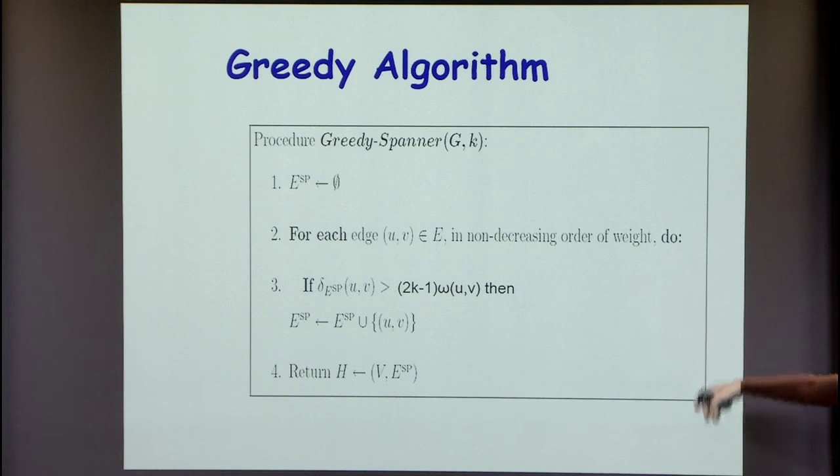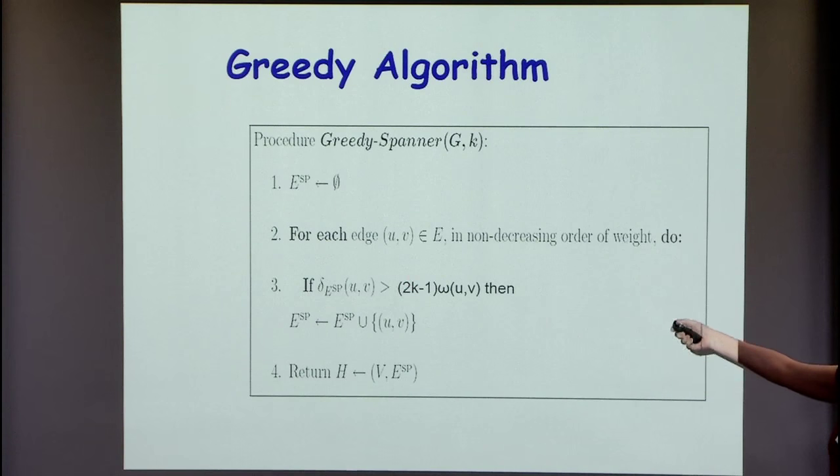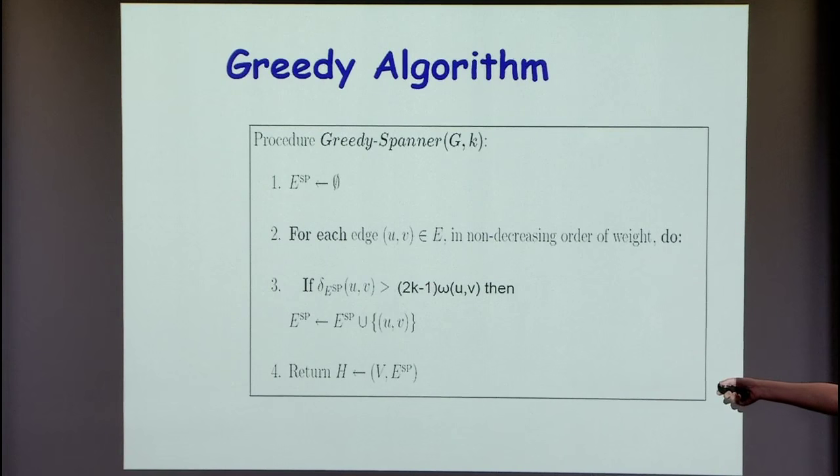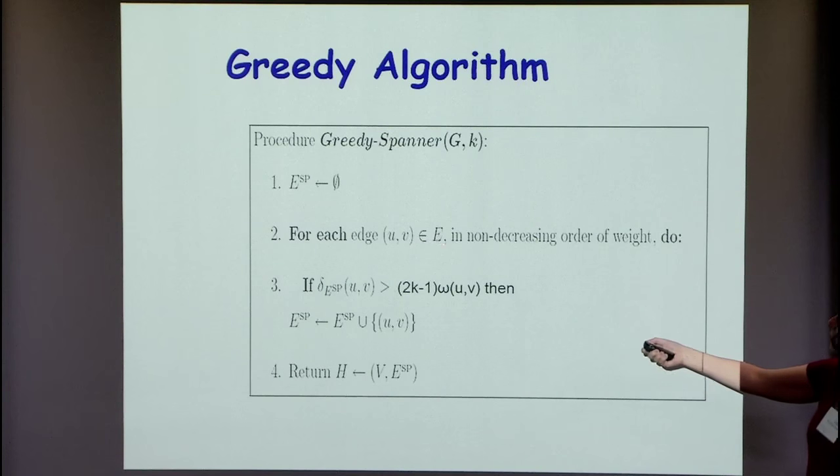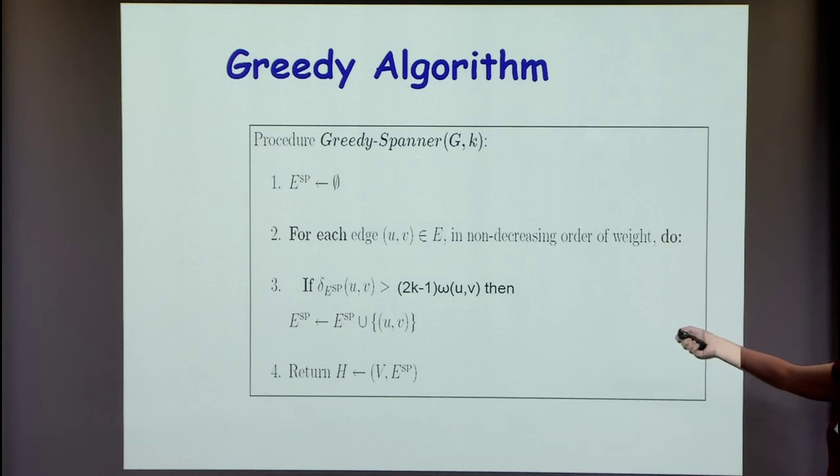There is a very simple greedy algorithm that achieves this bound. For parameter k, we want 2k minus 1 stretch, and we get this trade-off of 2k minus 1 stretch and n to the 1 plus 1 over k number of edges. We simply take all the edges in the graph, sort them in non-decreasing order of weight, and then examine them one by one.